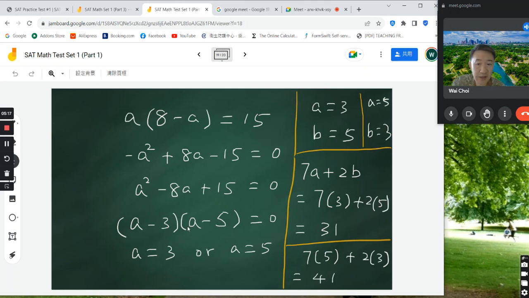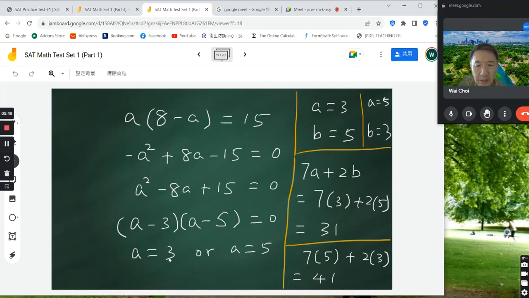So they're going to sum up to negative 8a. So this is correct. In order for the product to be 0, either a is equal to 3 or a equals 5. So then you have two values for a: a is equal to 3 or a equals 5.